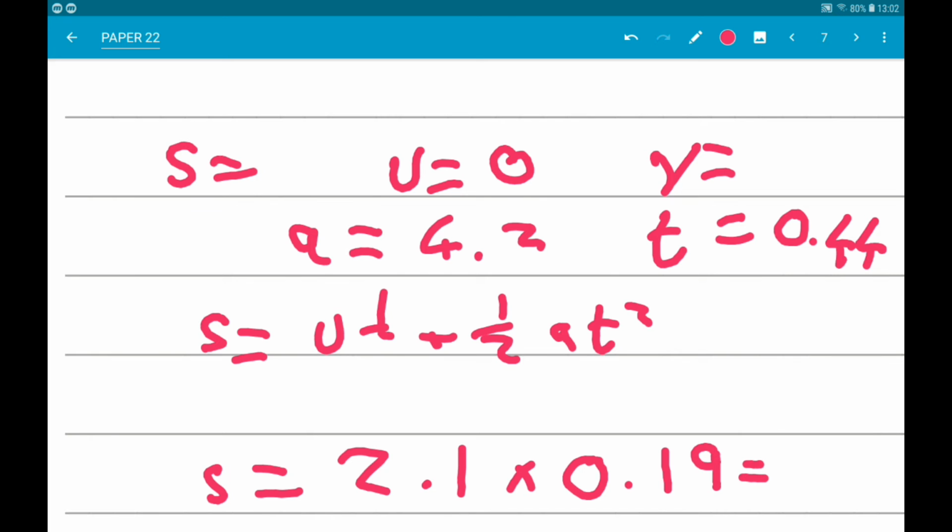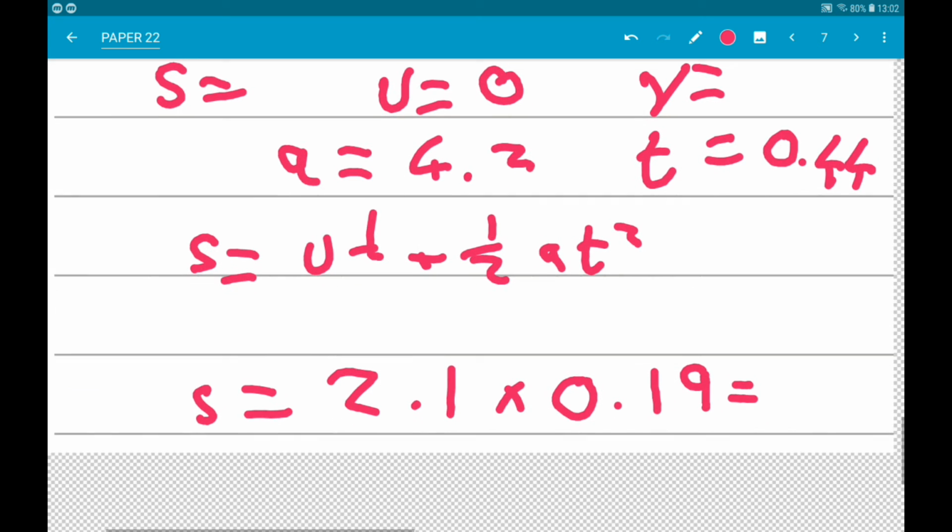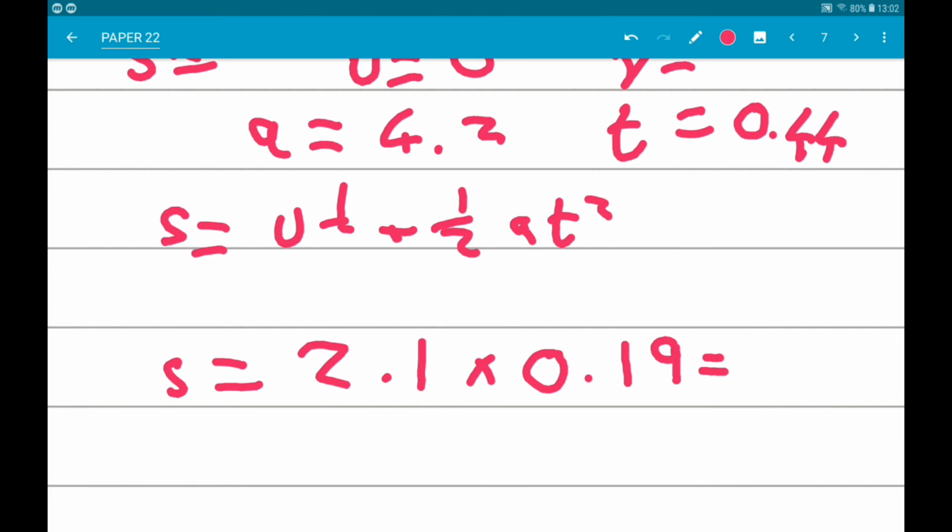Now that is going to give us, to one decimal place, 0.4 meters. So, after 0.44 seconds, P has 1.1 meters left to travel.